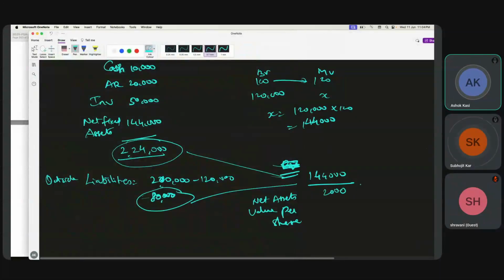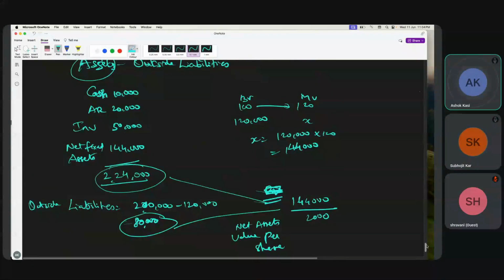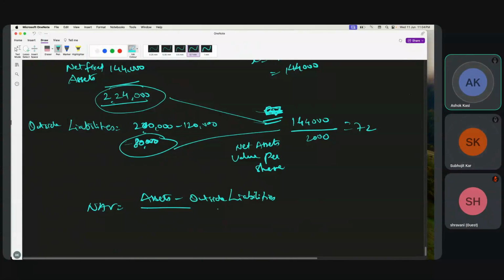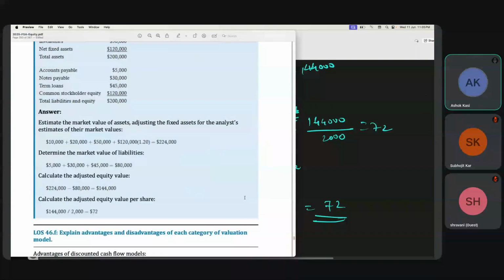Just divide by 2,000. It's 72. So the formula is: net asset value equals assets minus outside liabilities, divided by the number of shares. That comes to 72 per share. That's it.